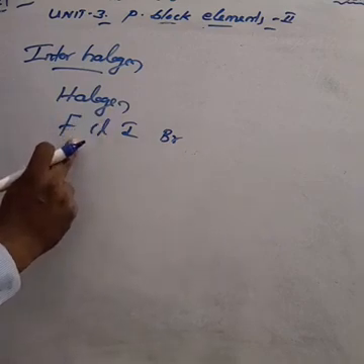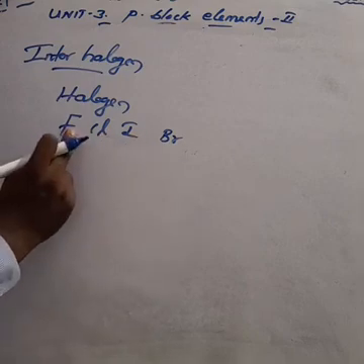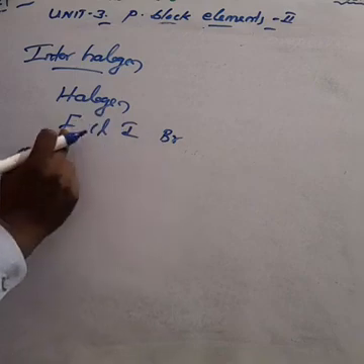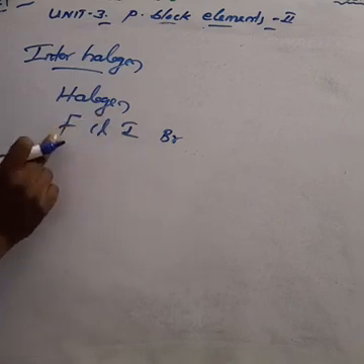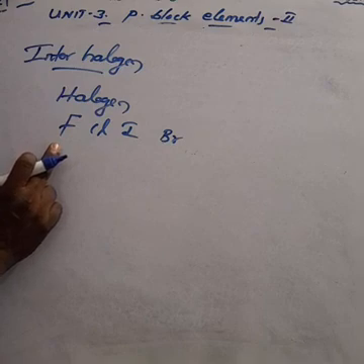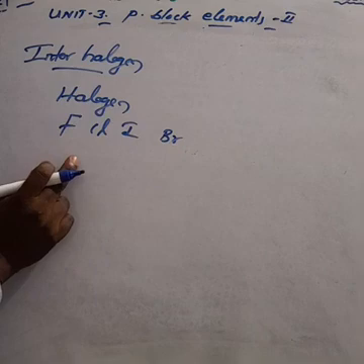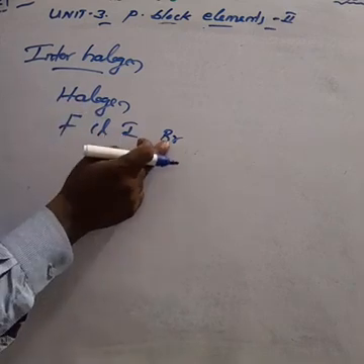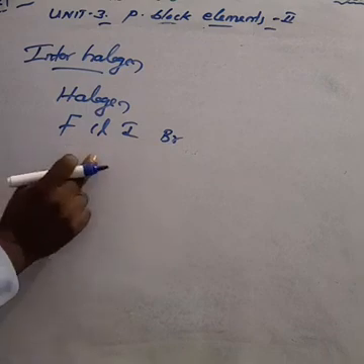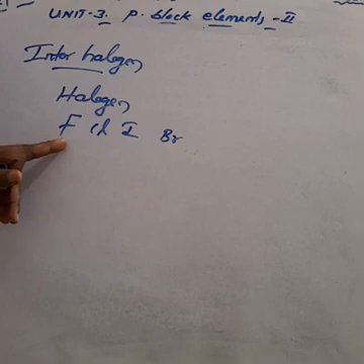Maybe chlorine combines with fluorine, bromine with fluorine, iodine with fluorine, bromine with chlorine, iodine with chlorine, iodine with bromine. These are all one halogen combining with another halogen. Am I right?